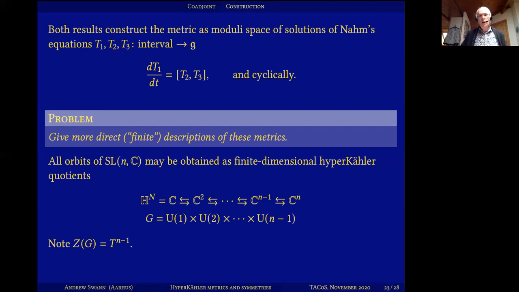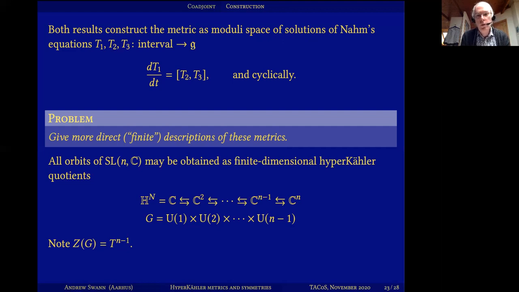So this is an example of a quiver, a vector space coming from a quiver. There are many different quiver constructions, but let me focus on this one. You take the full flag on C^n, and you look at the maps that go up and down between successive spaces. Then the unitary groups on each factor act.